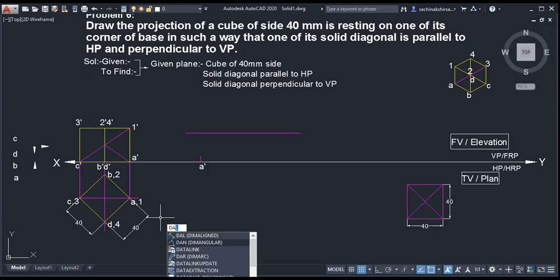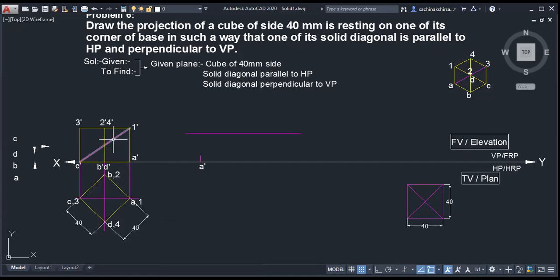Then that distance we will take. Perpendicular. How I can draw? कुठे येते बघा बरं. अशी बाजूला येईल बरं का.